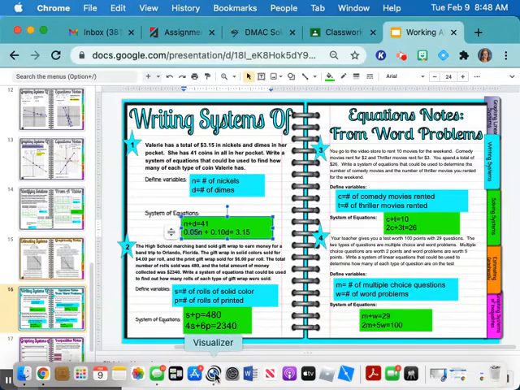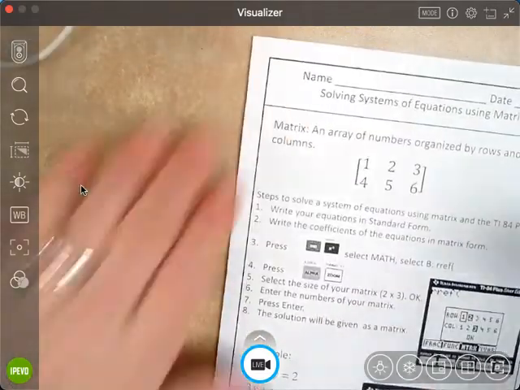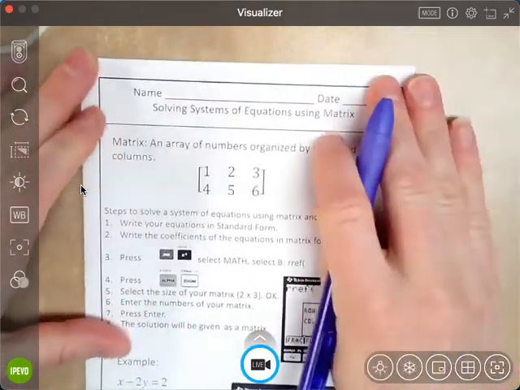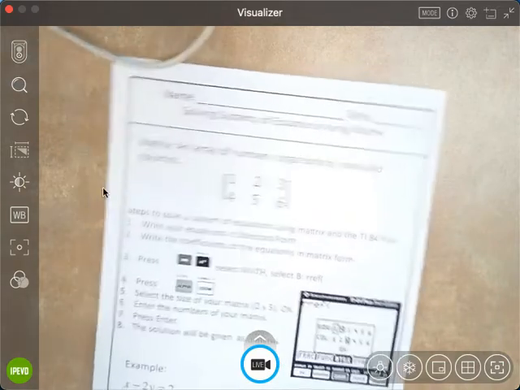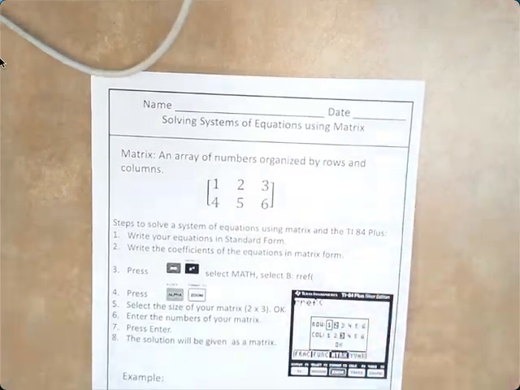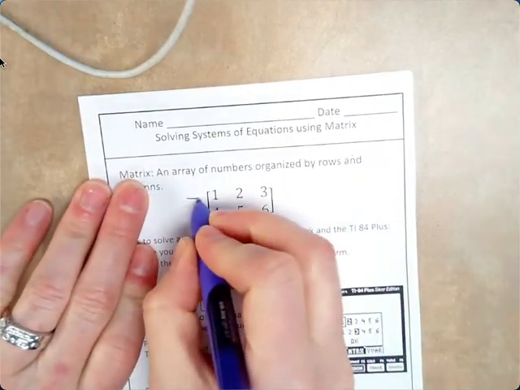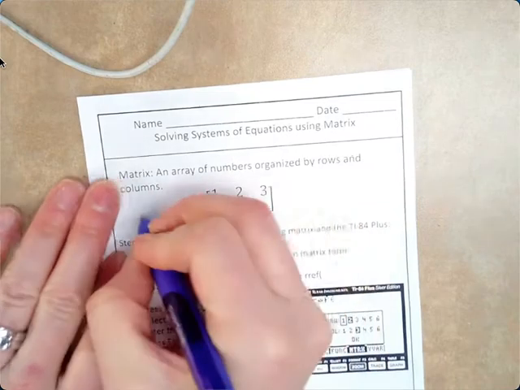So let me pull up our foldable for today. So you may be wondering, what is a matrix? A matrix is an array of numbers organized by rows and columns. These are called rows.